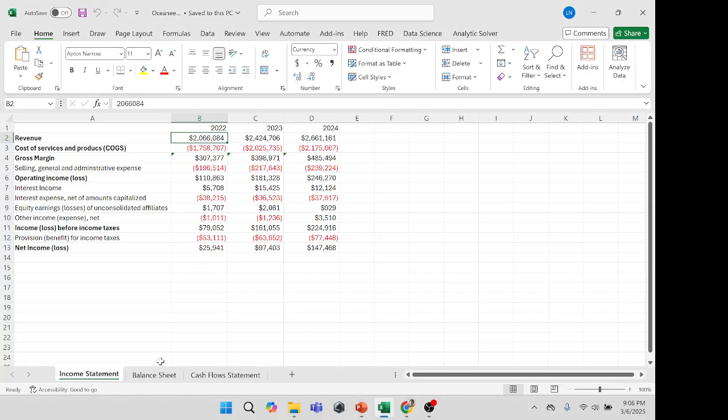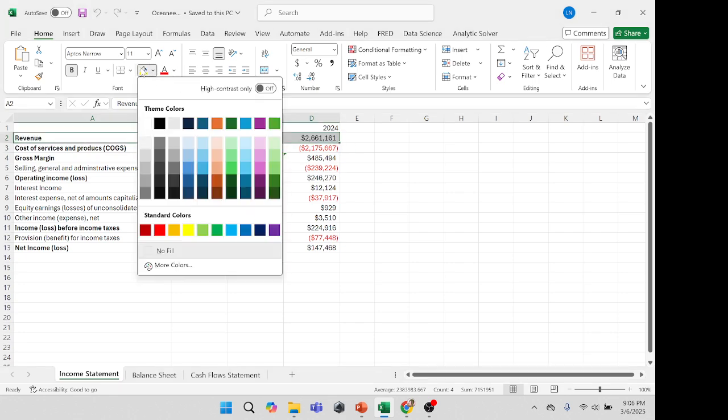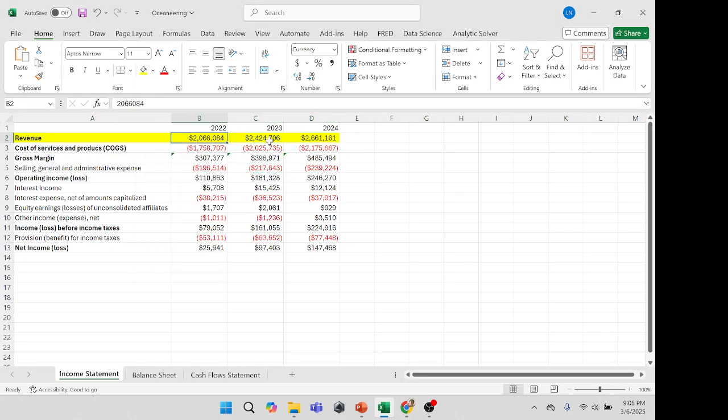This is when you're starting to have a more analytical, hands-on approach, right? So let's say, how do you find the percentage change? Let's say this is the revenue. How do you find the change from 2022 to 2023?